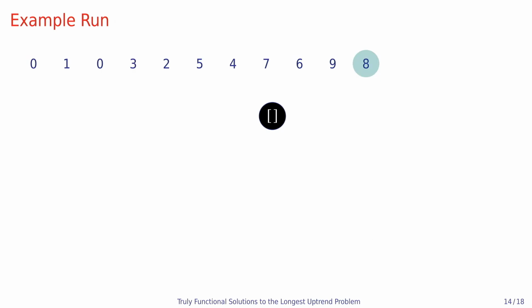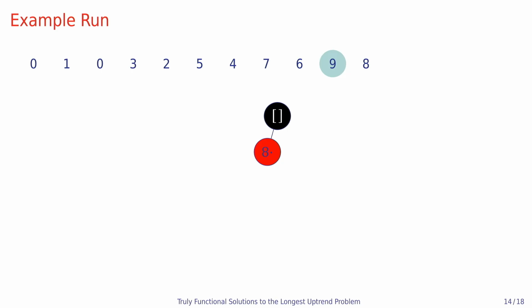So you can see here our input sequence, and we start, of course, with the singleton empty uptrend. So 8, of course, extends the empty uptrend, so we make it the left child, and when inserting something, we color it in red.